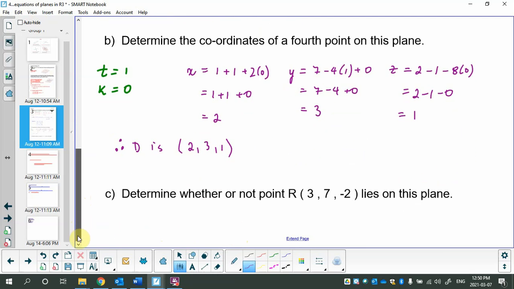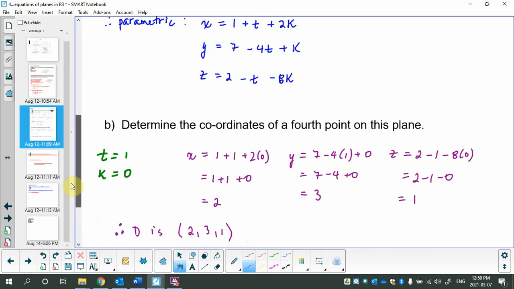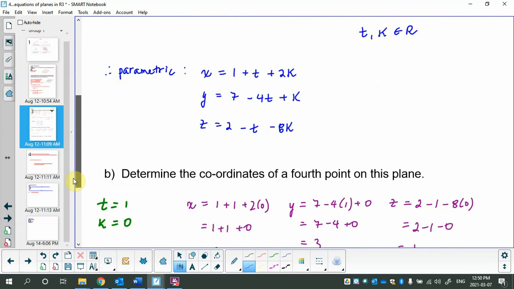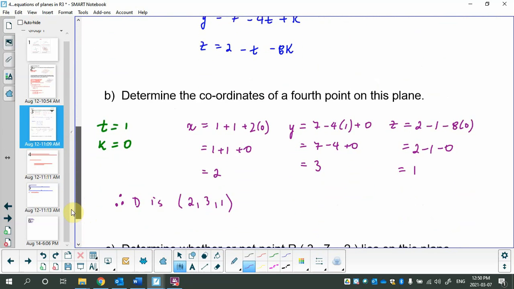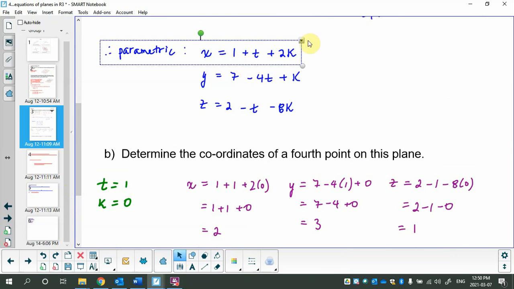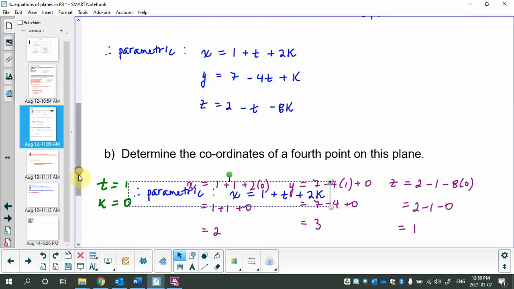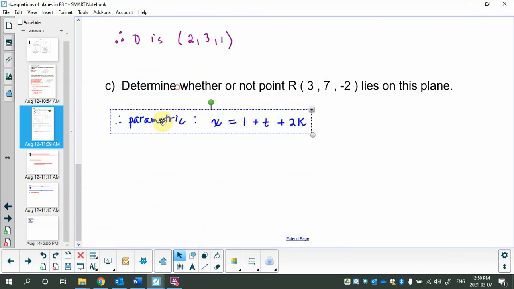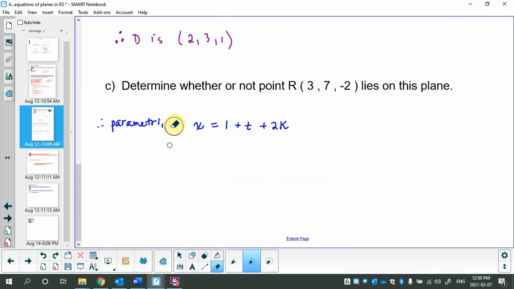All right, next question. Determine whether R, which is (3, 7, -2), lies on the plane. So it's not one of these, and it's not the point that I just made. So I'm going to take these things individually, and I'm going to see if I can figure out whether R is on the plane or not.